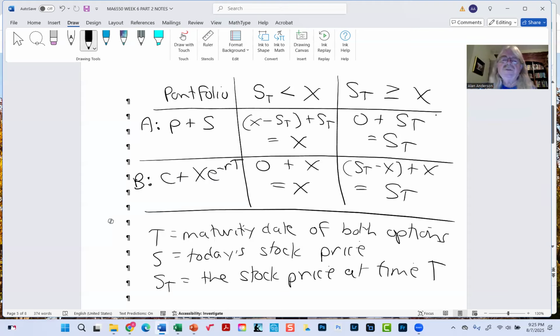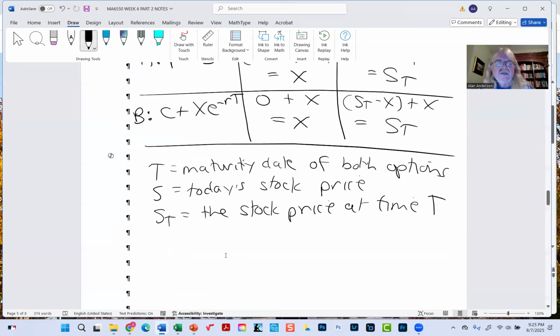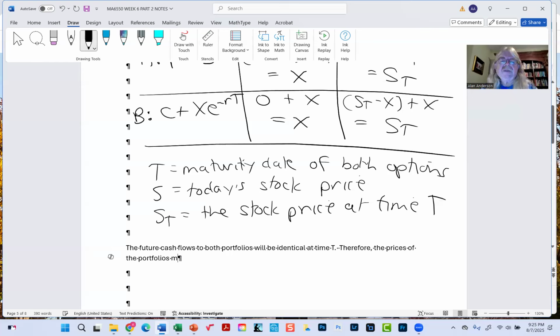So what we just proved is that future cash flows, both portfolios will be identical at time t. Therefore, the prices of the portfolios must be equal today in order to avoid an arbitrage opportunity.